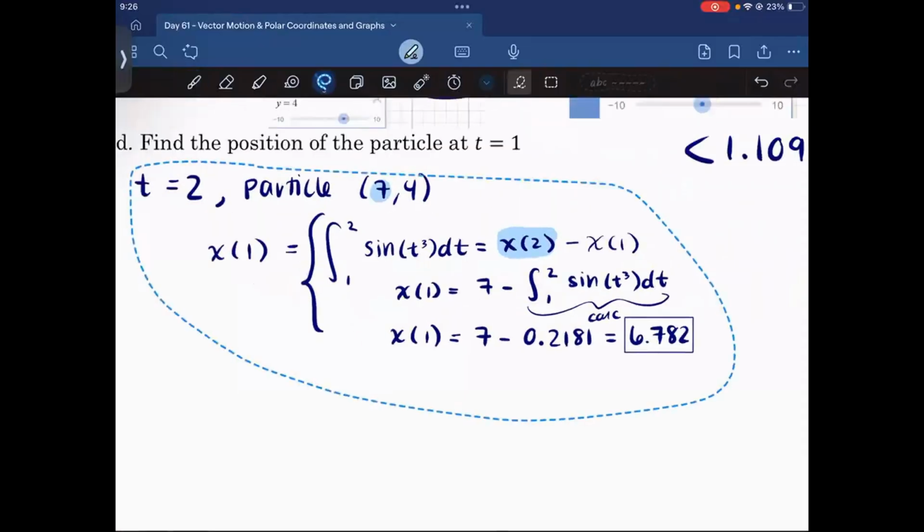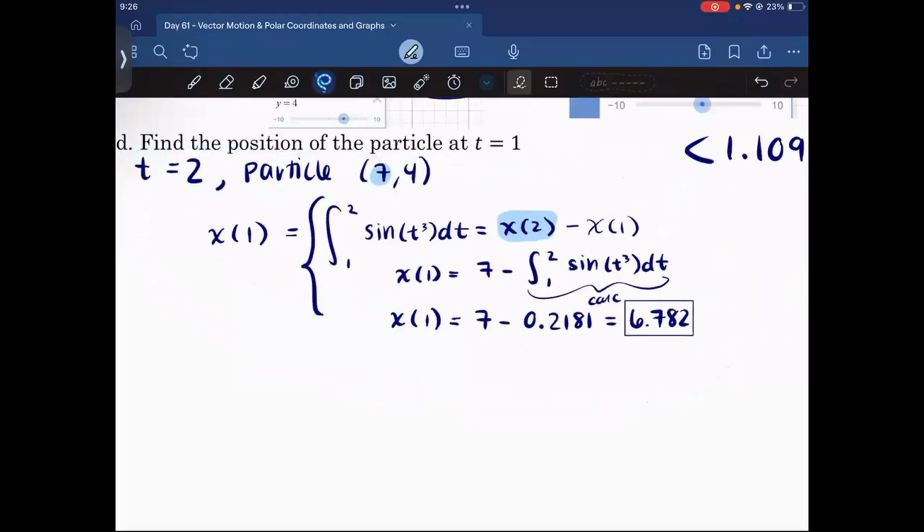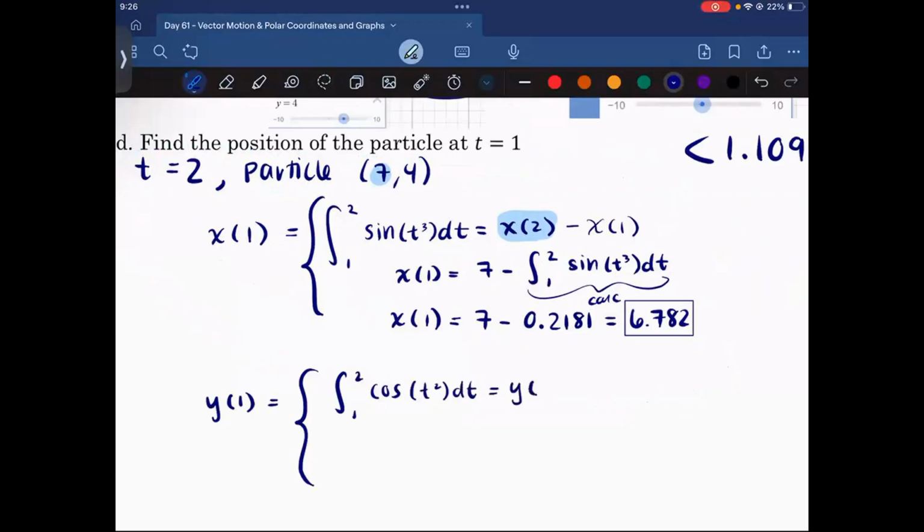And then we also need to find the respective y value. Same exact setup, but this time we're going to use our cosine of t squared dt. That'll equal y2 minus y1. And again, we do know that our y2 is 4.